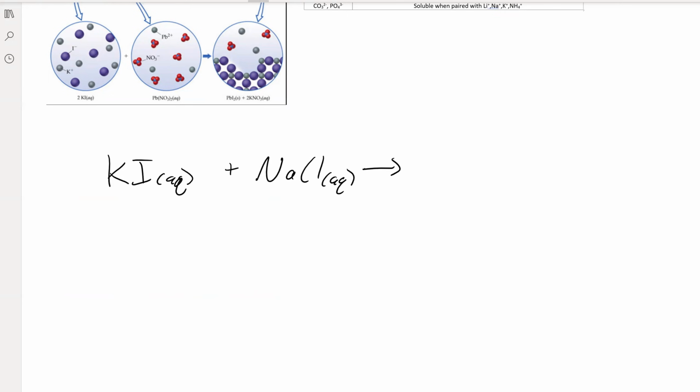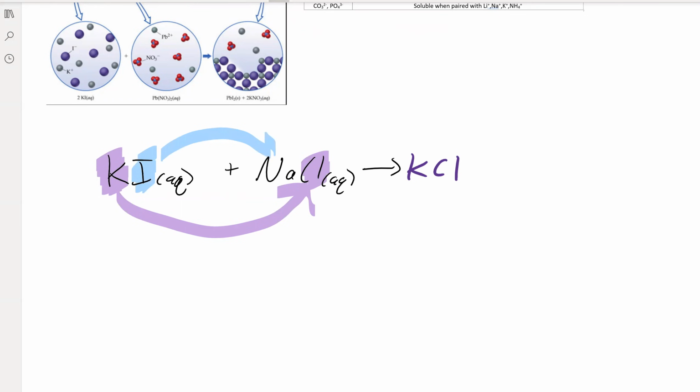And so the way that we want to do this is we want to mix and match all of our anions and cations to see if we can find a combination where they'll become insoluble. So we'll take one of the cations and then mix it with the other anion, so KCl, and then we'll take this anion and mix it with this cation, plus NaI.